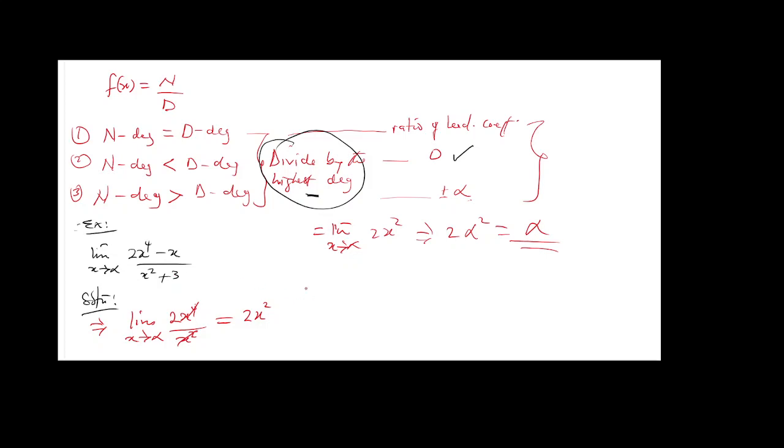Let's try the long method, which is applying this method. We divide both sides by the highest degree. So we have the limit as x approaches infinity of 2x to the power of 4 minus x all over x squared plus 3.